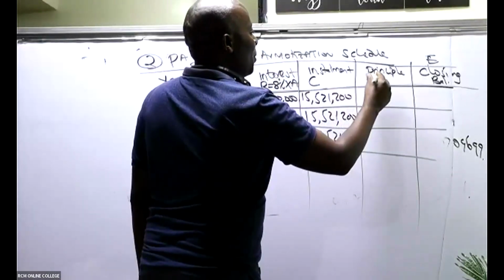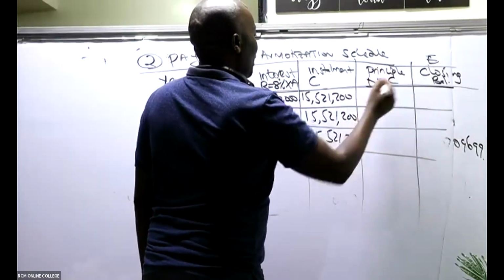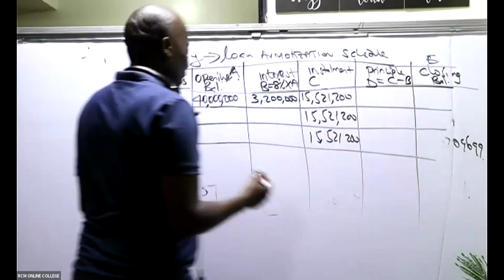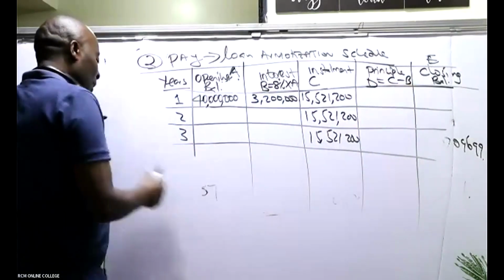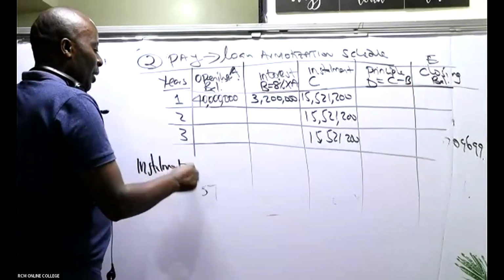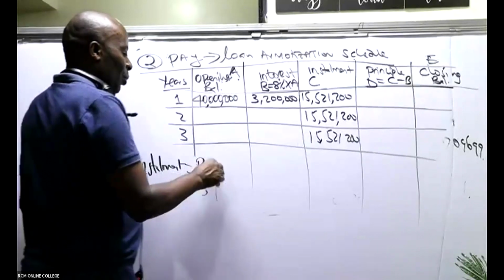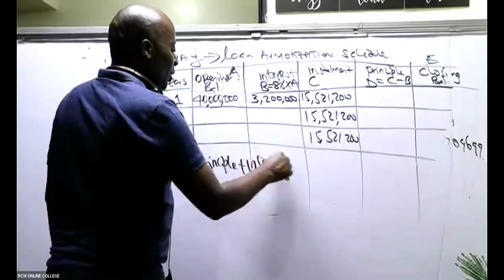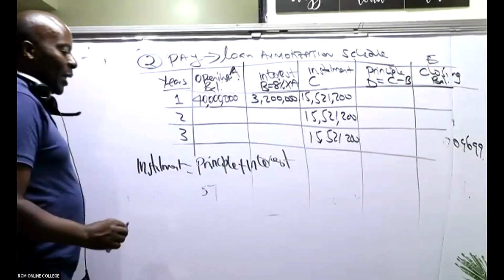I will take C minus B. Whenever we pay any installment, it will be equal to the principal plus the interest.